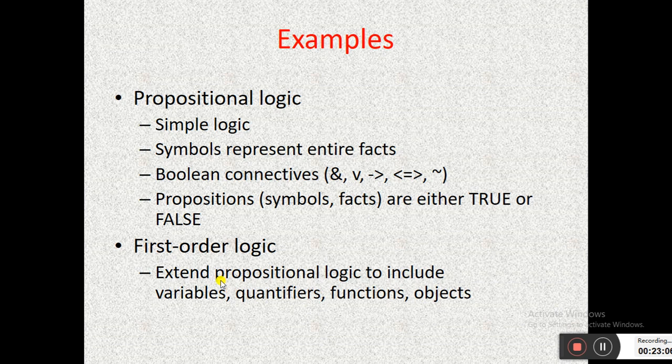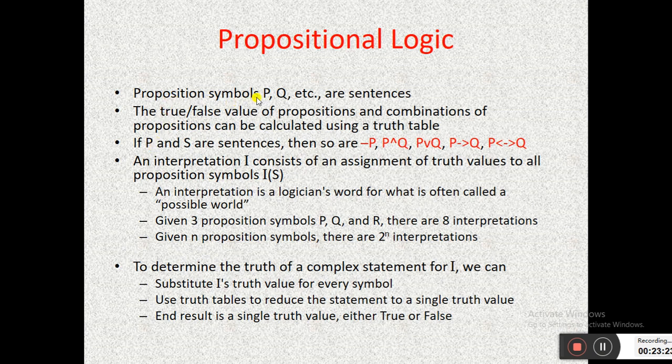If we put these variables, quantifiers, functions, and objects into propositional logic, it will become first order logic. In propositional logic, P, Q, etc. are sentences. The true or false value of propositions and combinations of propositions can be calculated by using the truth table.